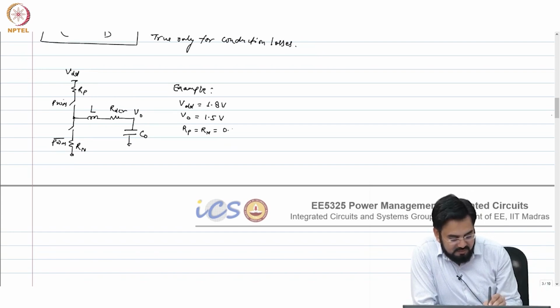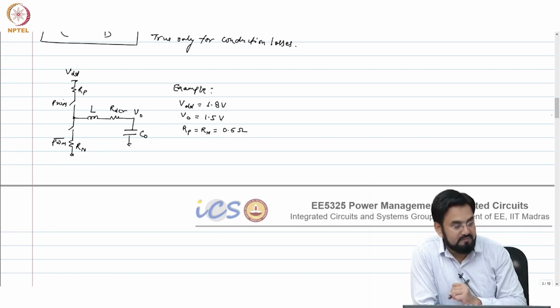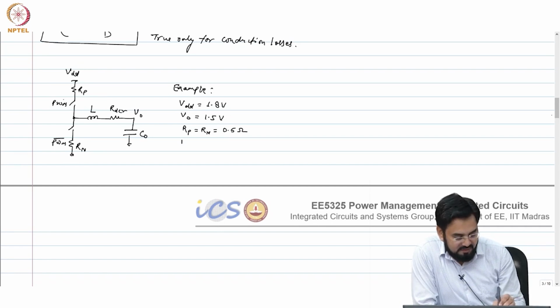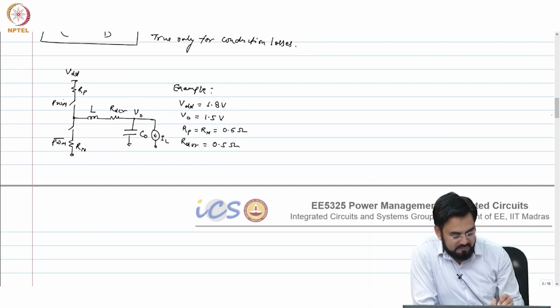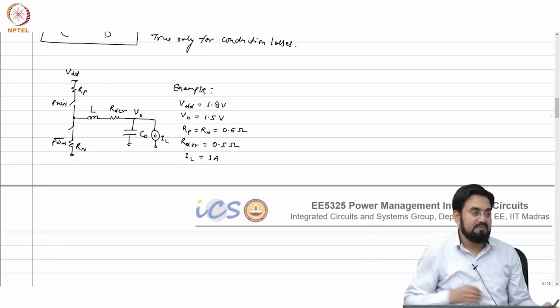Here R equal to 0.5 ohm, and your RDCR equal to 0.5 ohm, and the load current IL equal to 1 amp.